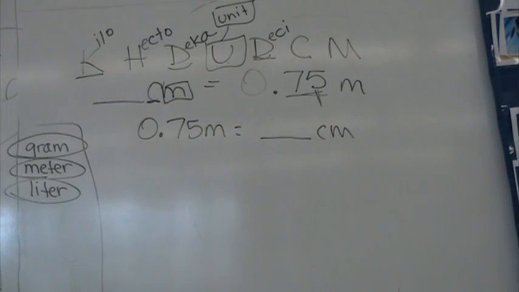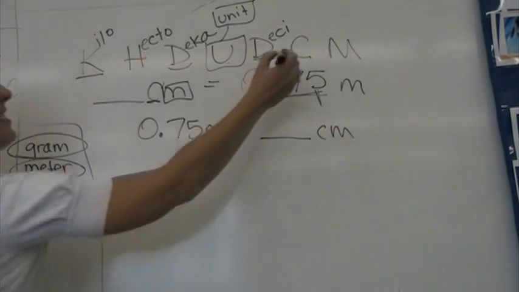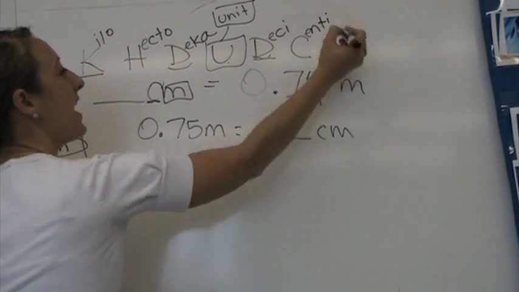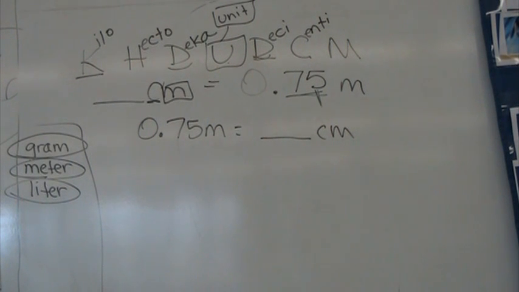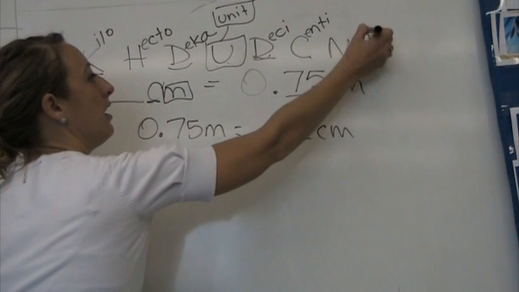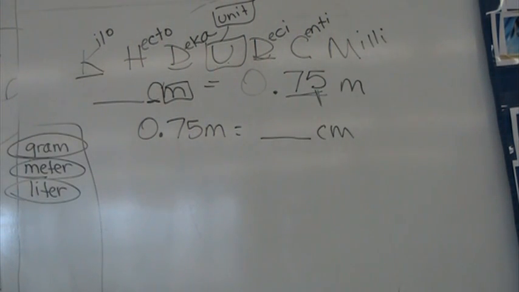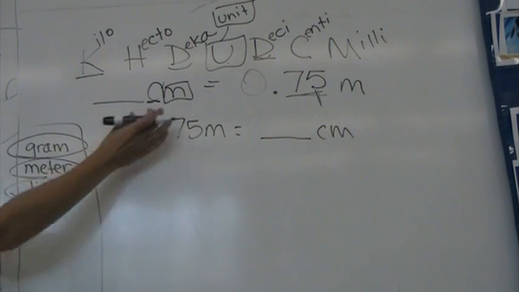What about the C? What does that stand for? Centi. And the last letter is an M. What does that stand for? Milli. Now, be careful because some people think that M stands for meter, but remember your meter is the unit.